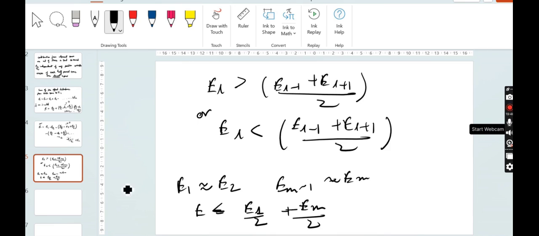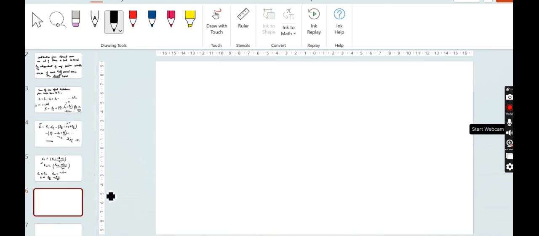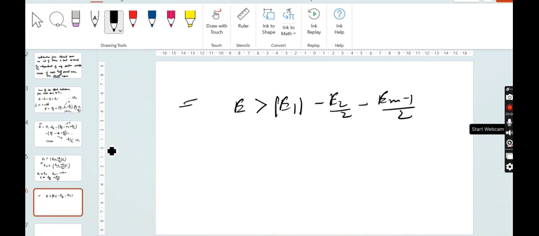Or if we follow the second inequality, E is greater than E1 minus E2 by 2 minus E_(M minus 1) by 2 plus E_M.